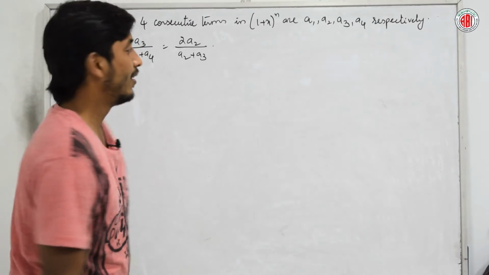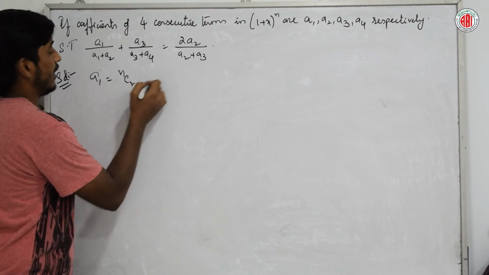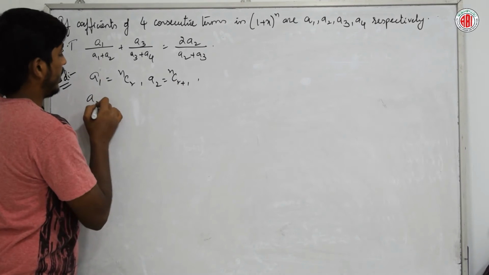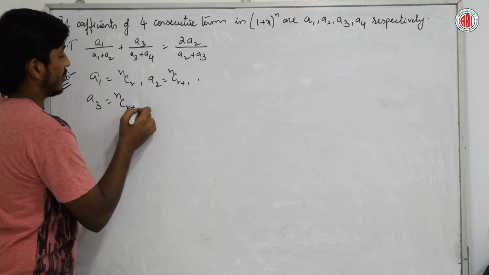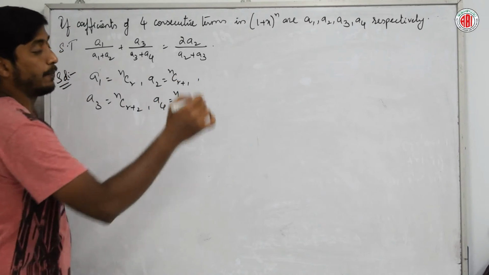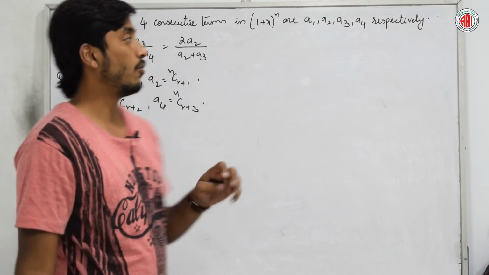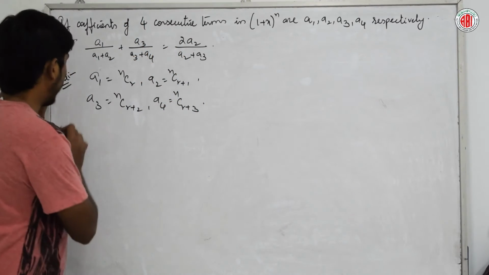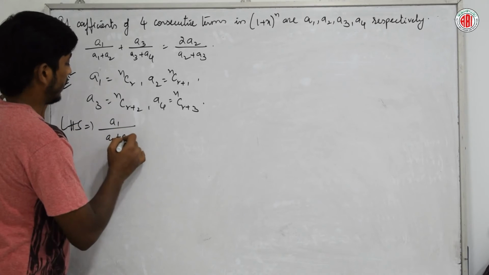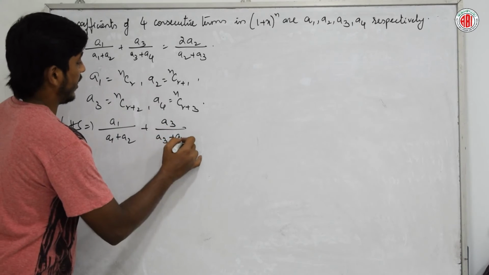Fine. So we can write A1 as nCr, A2 nCr plus 1, A3 nCr plus 2, and A4 is nCr plus 3. Isn't it? So let us substitute in that. Now let us take only LHS first. What is LHS? A1 by A1 plus A2, A3 by A3 plus A4.